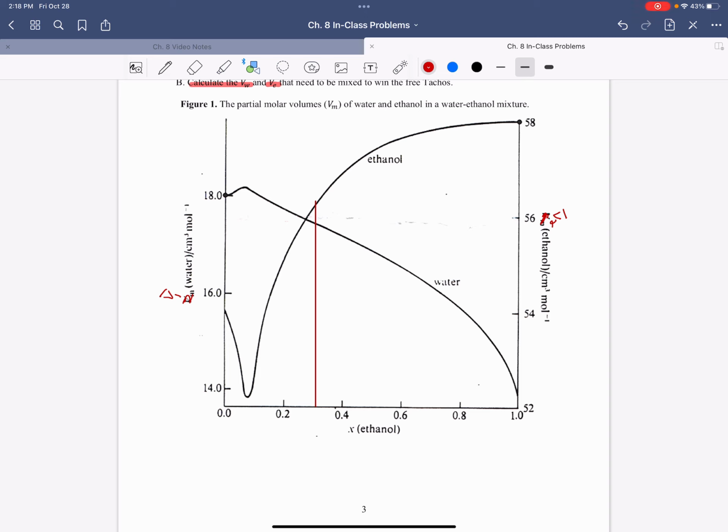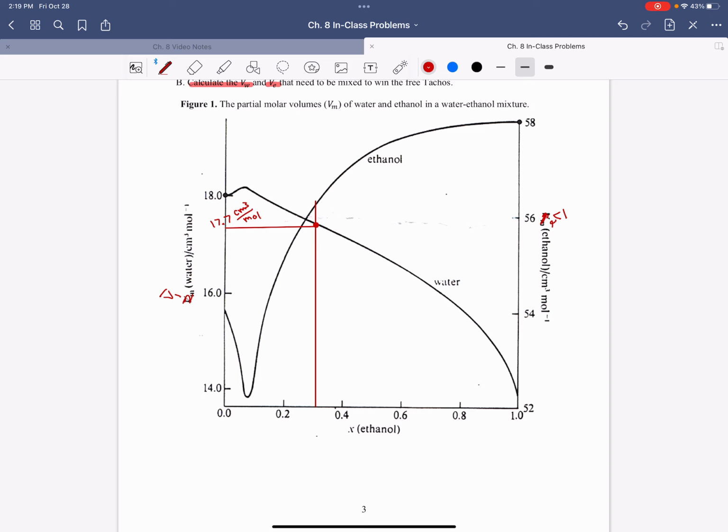All right, and so for water, we see that this line intersects here, and so water is on the left axis. And so we see that in this figure, when we read it off, we get a water value of about 17.7 centimeters cubed per mole.